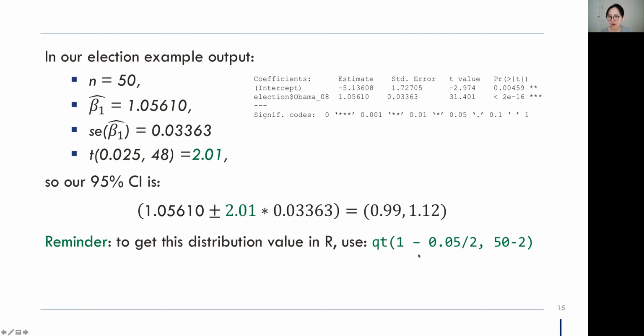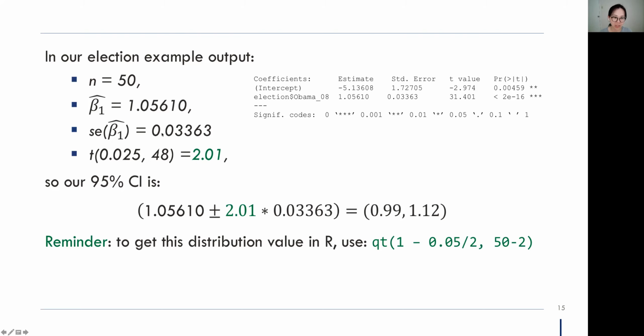This is specifically for alpha being 0.05, so that's a 95% confidence interval. This is the quantile, and this is the degrees of freedom. Just by typing this into R, you will get 2.01. So this is your t value for the confidence interval calculation.